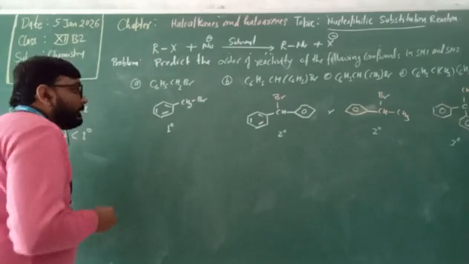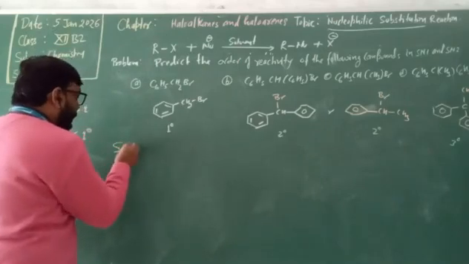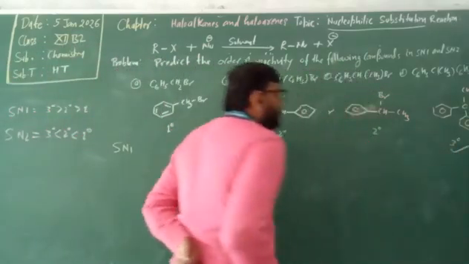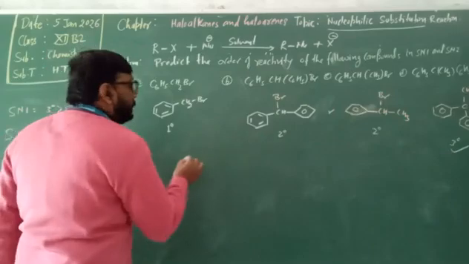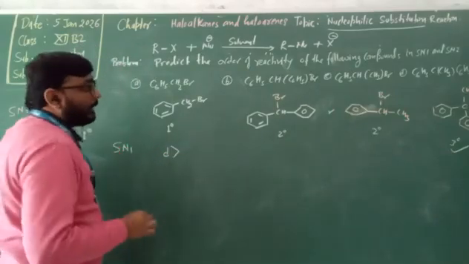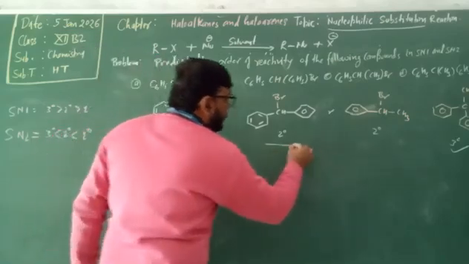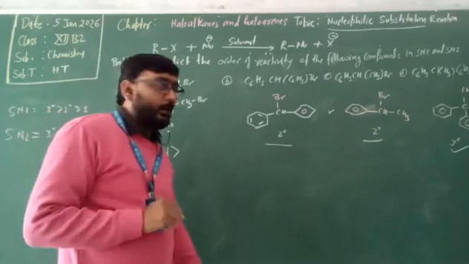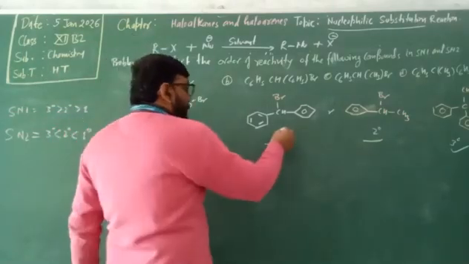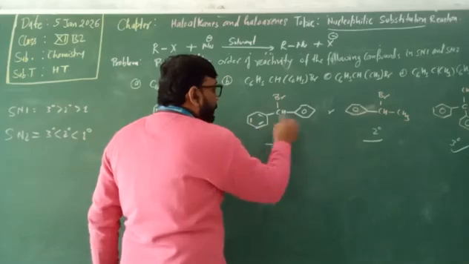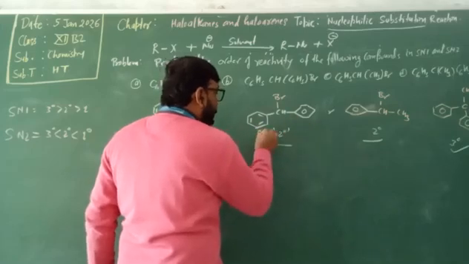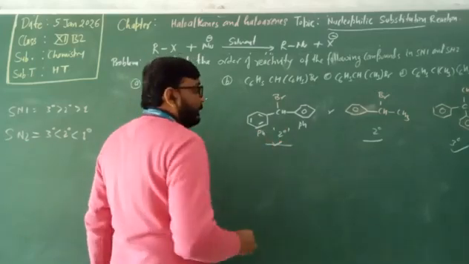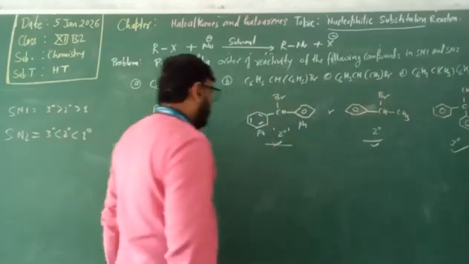Now let us see the order of SN1. First of all, this is 3 degree, so D, and after that the 2 degrees. Here, in the 2 degree, there are two compounds. This 2 degree one has two phenyl groups, so it is more stable than the other.